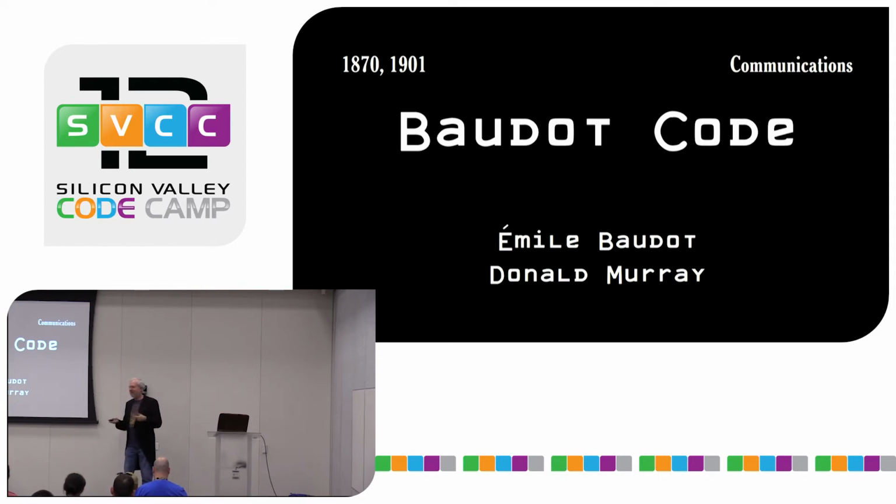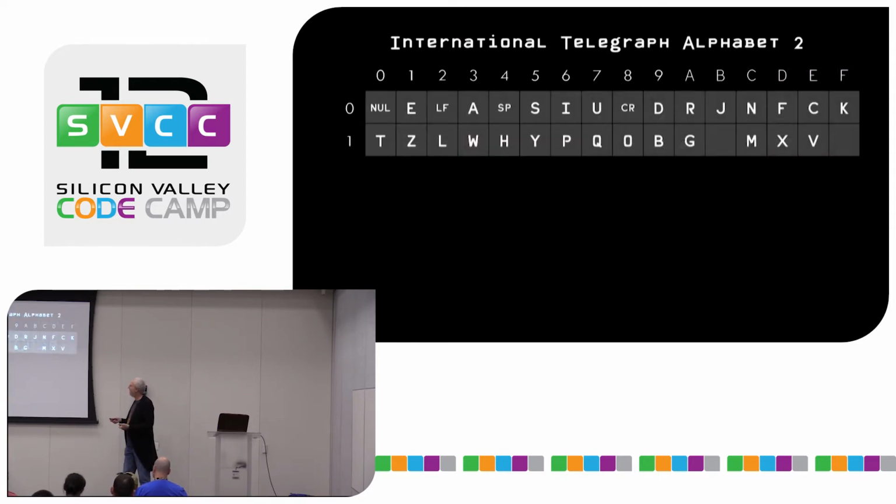And so he designed the code to try to prevent that. So for example, the most popular letters, E and T, each contain 1 bit. So they cause the least wear on the system. And some of the less popular characters like V has 4. So you don't use V as much because that would cause 4 of the pins to cut.